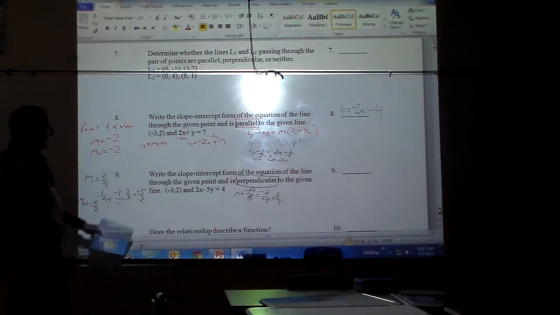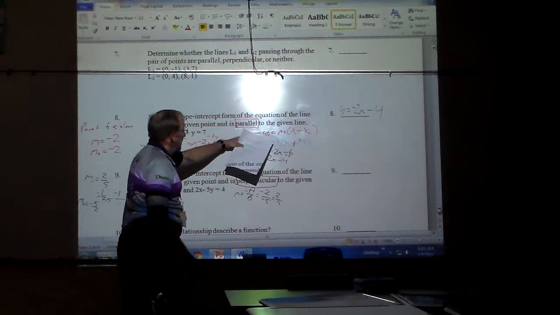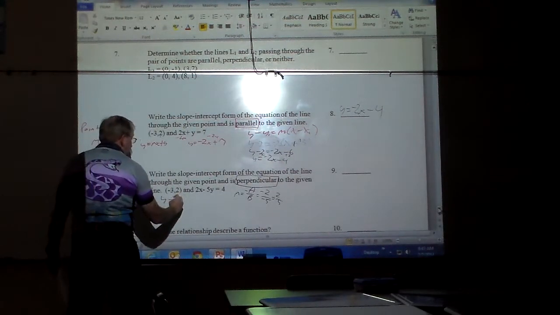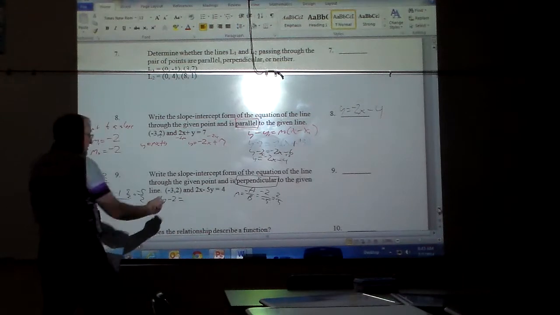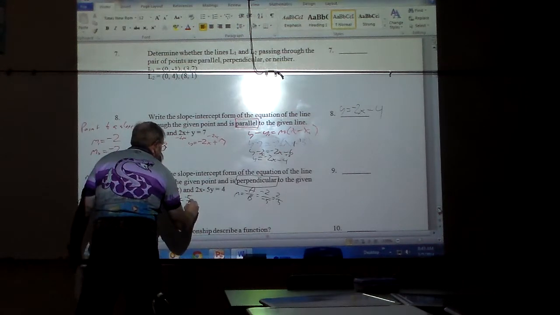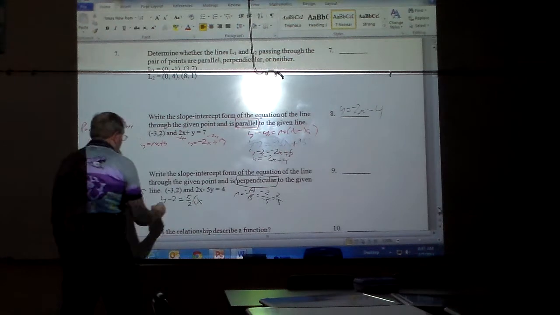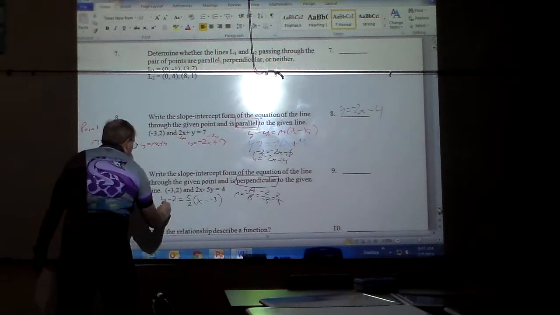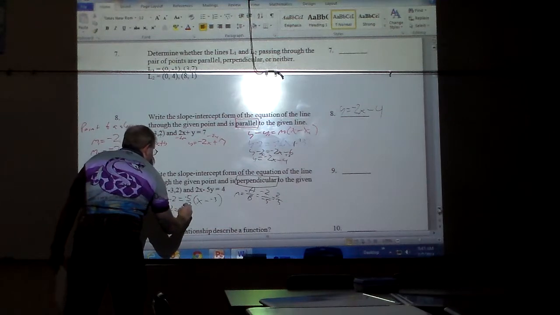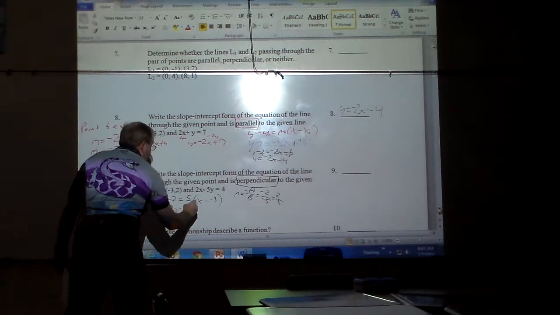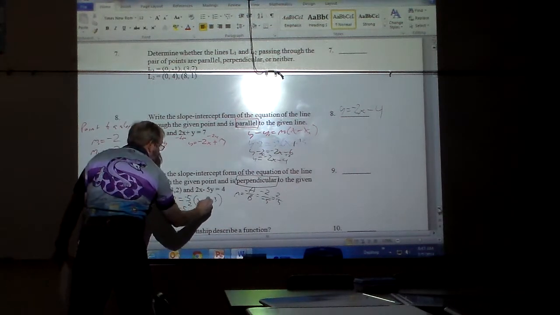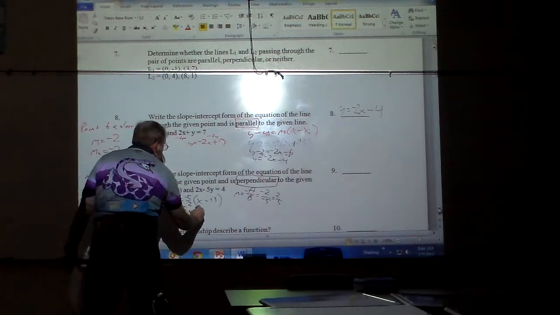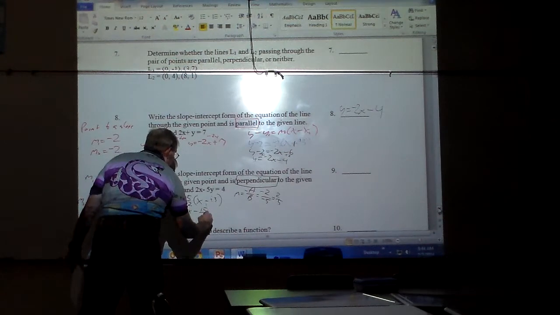So now I'm going to come back up here and do the same thing I did here. I'm going to use this point, y minus y1, which is 2. But this time I'm going to use the negative 5 halves times x minus the negative 3. So here we go. We'll have y minus 2 equals negative 5 halves x. Now that's the same as a plus 3, which will make it a negative times that positive 3, giving me minus 15 halves.